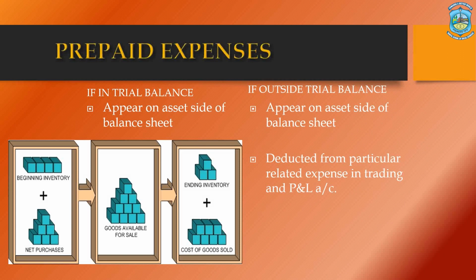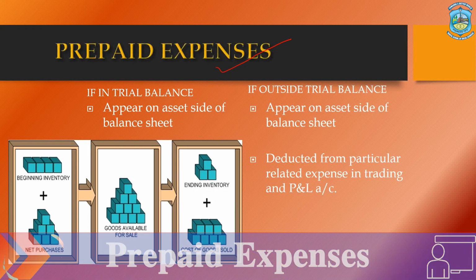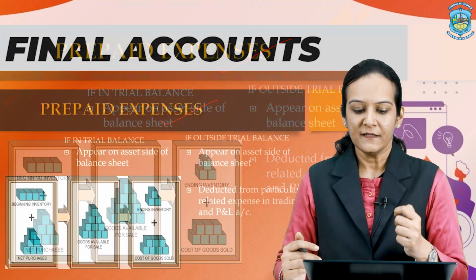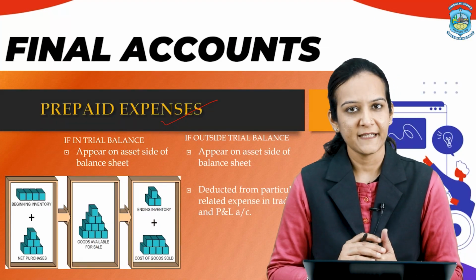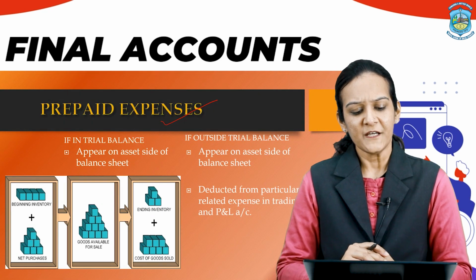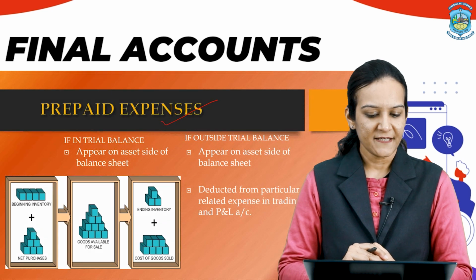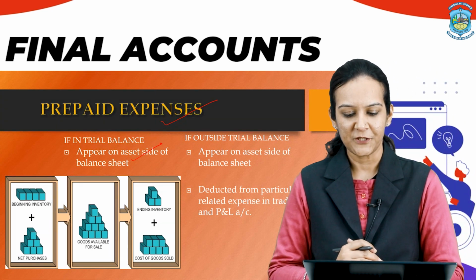Next are your prepaid expenses. Now, prepaid expenses means the expenses that are not due but paid, or you can say the expenses paid in advance. Since they are paid in advance, they are your current assets. If prepaid expenses are given inside the trial balance, then there is one effect, that is, they will appear on the asset side of the balance sheet.